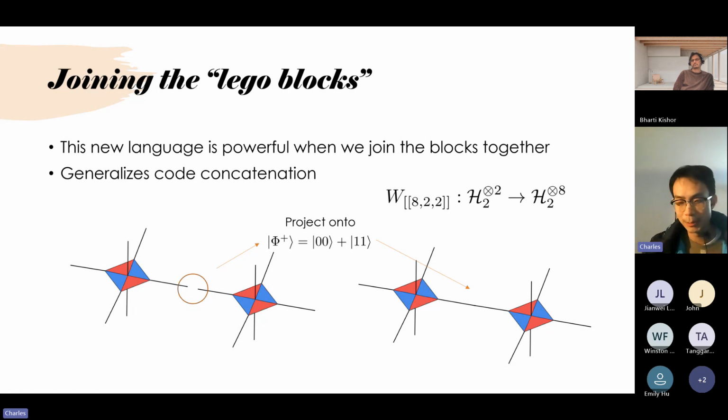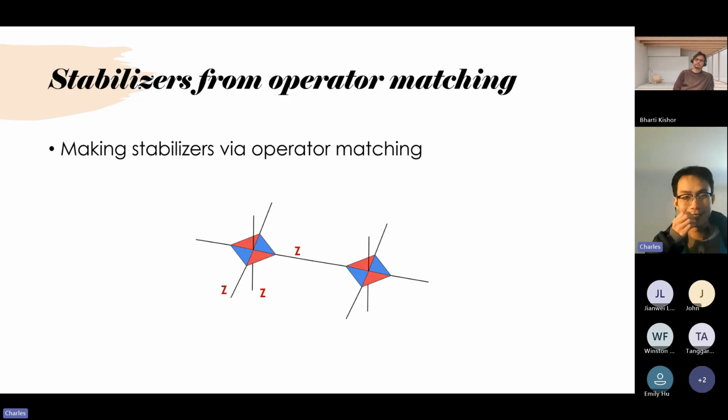And you might be wondering, how do I figure out its stabilizer and other defining features? Well, actually, it's very simple. If we know the stabilizer of one of the blocks, say the left block, we remember that ZZZ is a stabilizer on this left code.